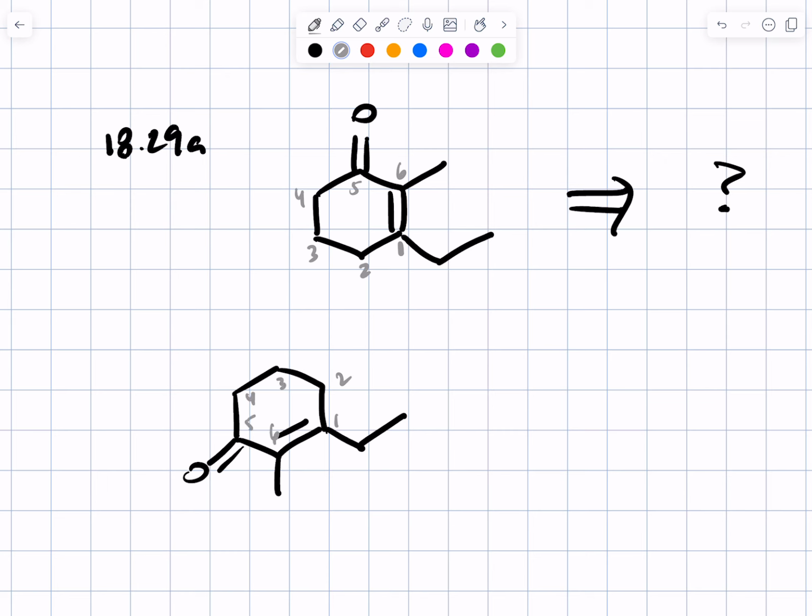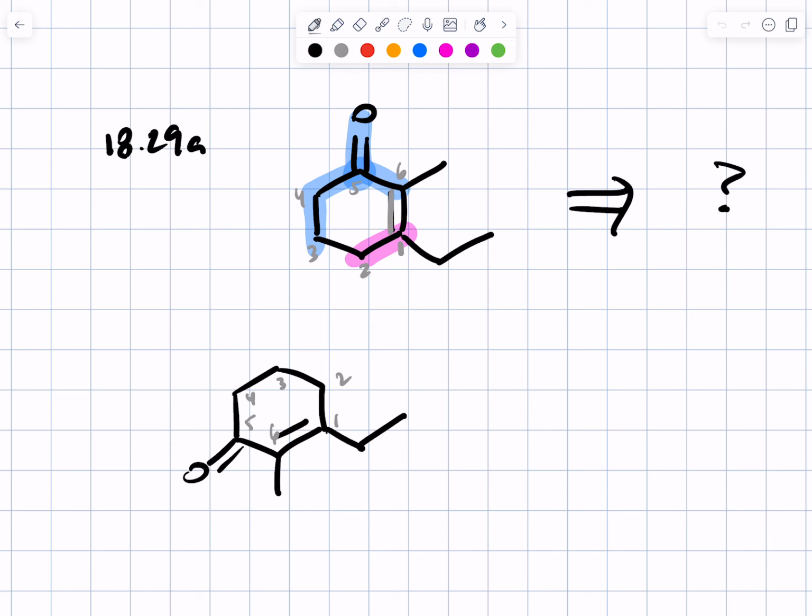Which atoms were part of my alpha beta unsaturated carbonyl compound? I'll label them in blue. Somebody's saying 5. You want 3, 4, 5, and 6. Okay, and then that must mean 1 and 2 from that ring were part of my enolate to begin with.